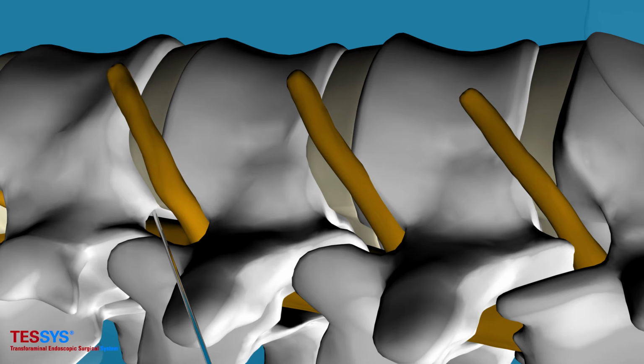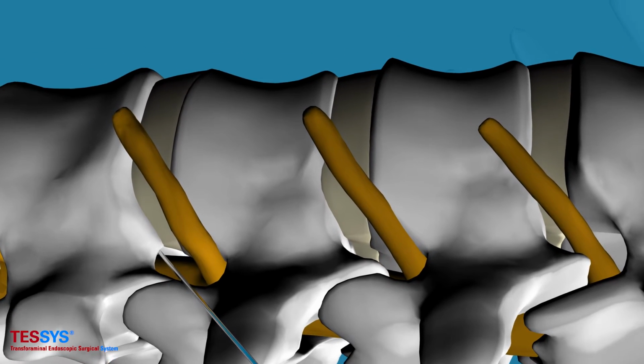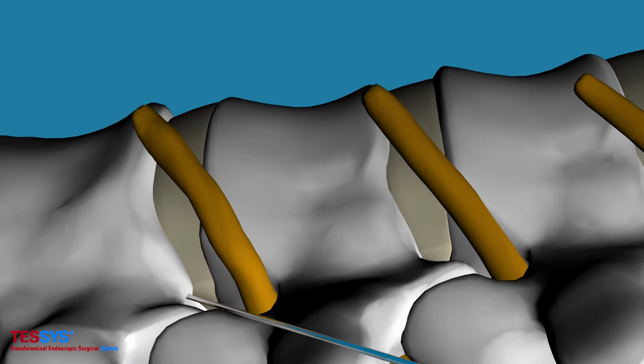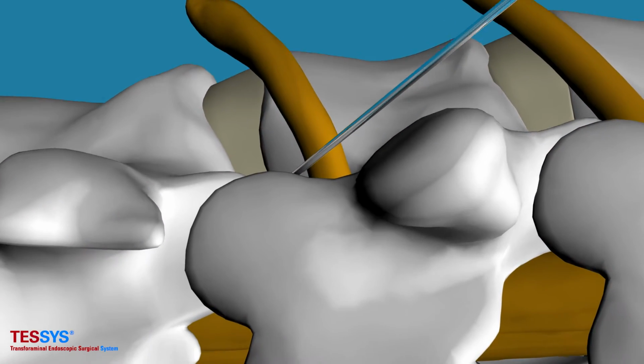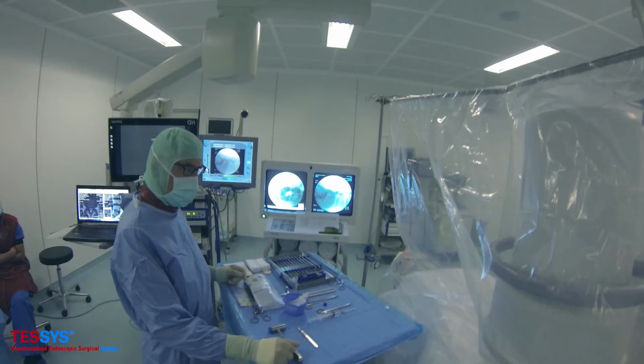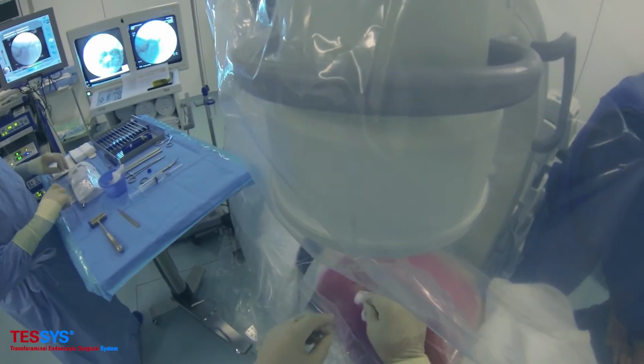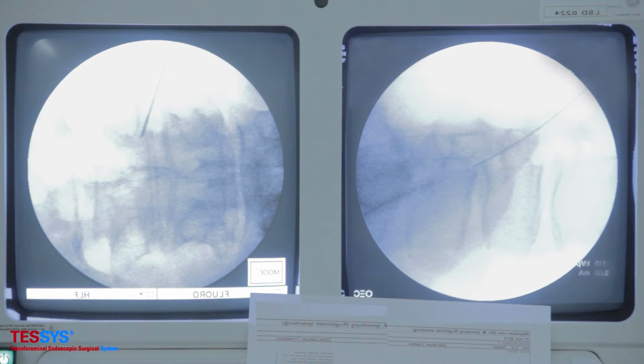The needle is introduced over the isthmus of the superior articular process in the right direction and the position is checked in two directions. In the beginning, this might not be easy, but it's essential for the rest of the procedure.